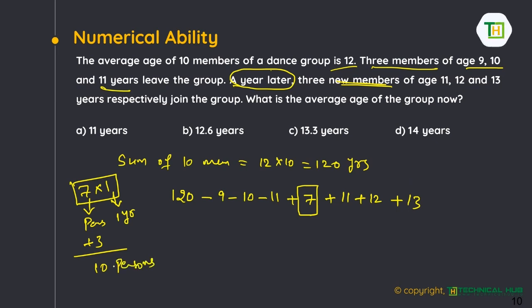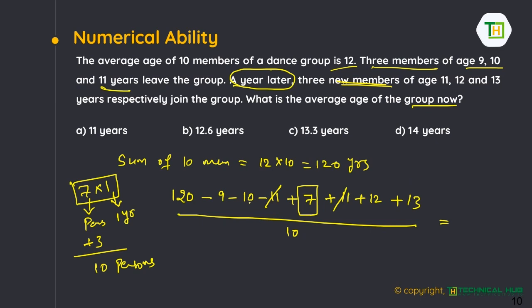Number of persons is 10. Now the question he is asking is what is the average of the group at present, after adding those new members after 1 year. Average is equal to the sum of all the values divided by 10. Calculate this value. If you observe carefully, plus 11 minus 11 both cancel.